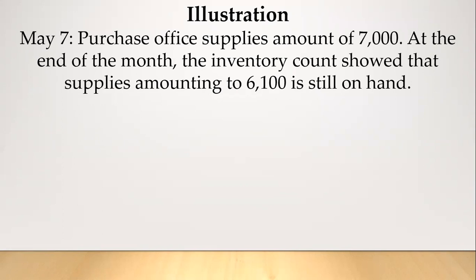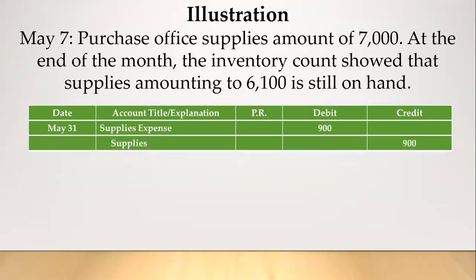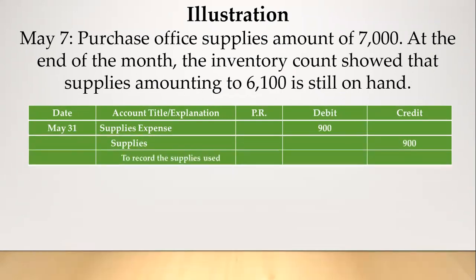At the end of the month, the problem tells us that there's only 6,100 left. So May 31, supplies expense 900 and then credit supplies 900 to record the supplies used.